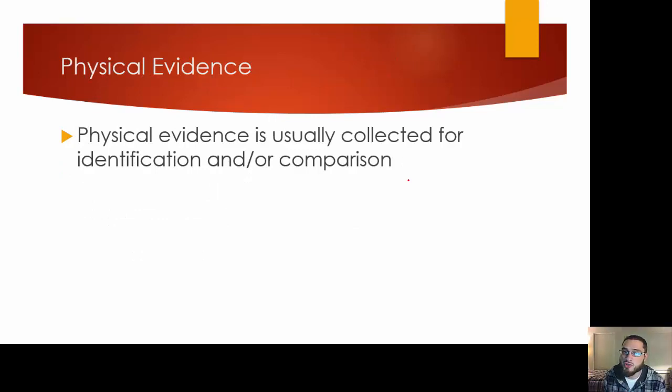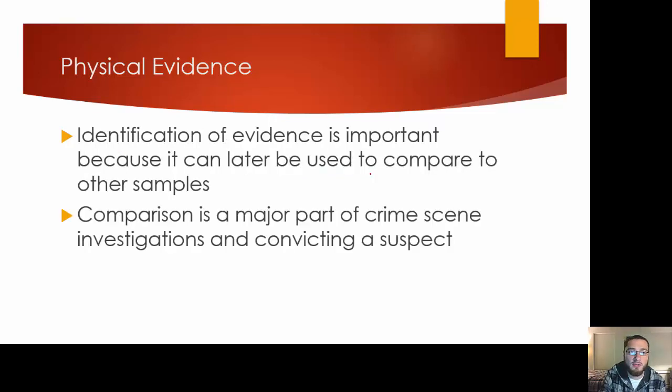Physical evidence is usually collected for identification and or usually for comparison. So we need that in order to identify what is this physical evidence, who did it belong to, and compare it to other physical evidence. Identification of evidence is important because it can later be used to compare to other samples.